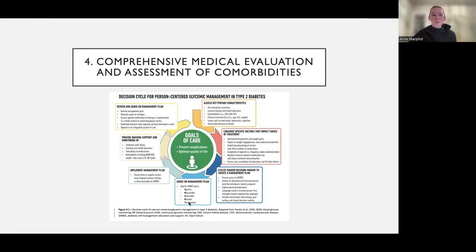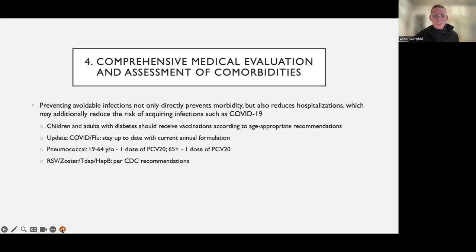Agreeing on SMART goals with your patient, implementing a plan, and pharmacy can really be a part of this plan, depending on what area of pharmacy you can work in, helping a patient understand their medications, maybe at a community pharmacy level, but also ambulatory care pharmacists are managing those medications and starting new ones to help patients get the tightest control on their diabetes. So I thought that was a great diagram there.